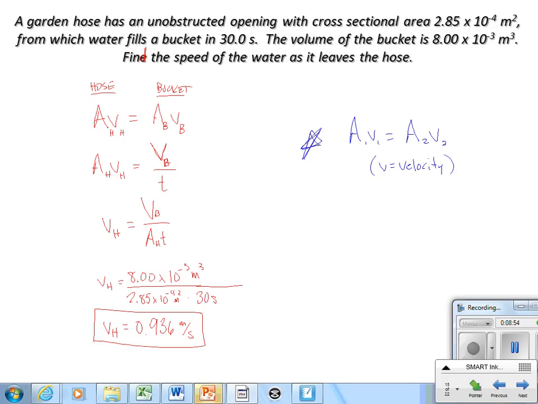We also have Q is big V over t, where V is volume. Just do your best there, folks. It's a pain. And of course we have that Q is equal to both of those things. Okay? See you tomorrow.